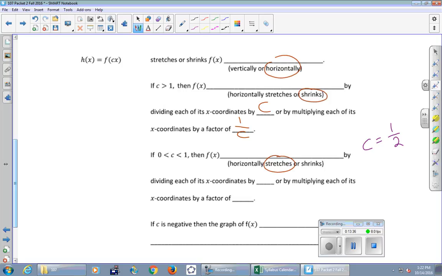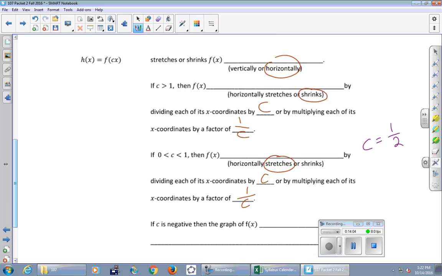Multiply x coordinates by this guy, that'll make them smaller. What do we need to multiply by? Anybody? What would you multiply by? Like, multiply by 2, which is 1 over, isn't it? Multiply each of the x coordinates by a factor of 1 over c, which is exactly the same as dividing each of the x coordinates by c.